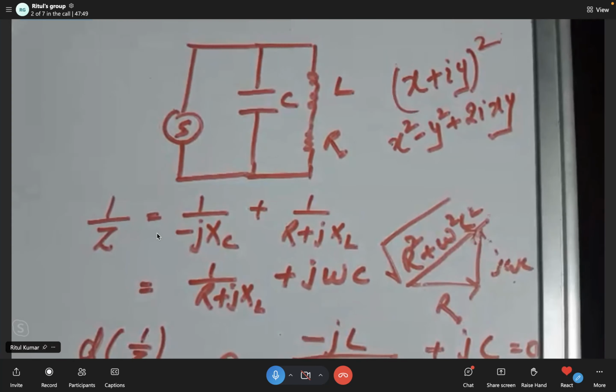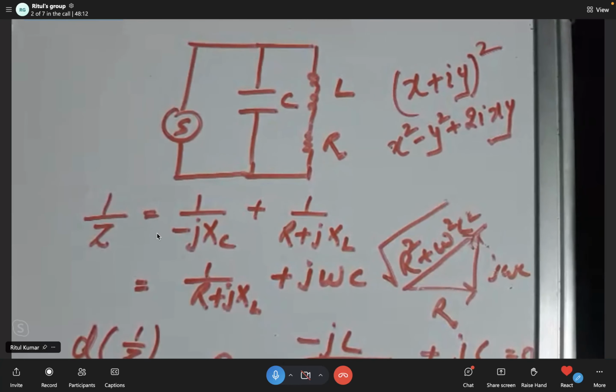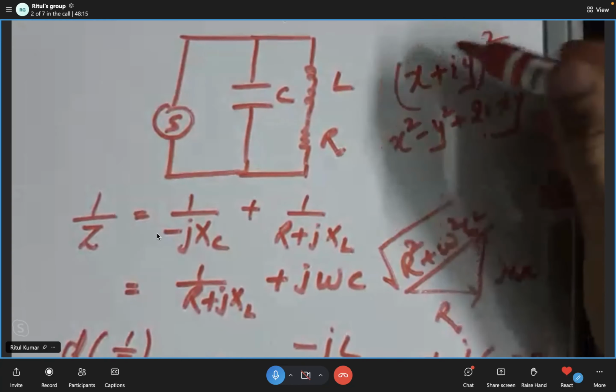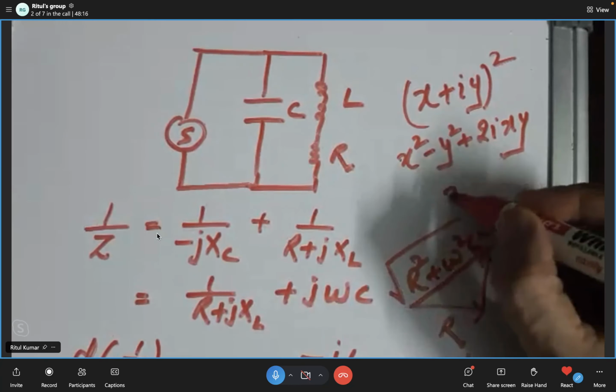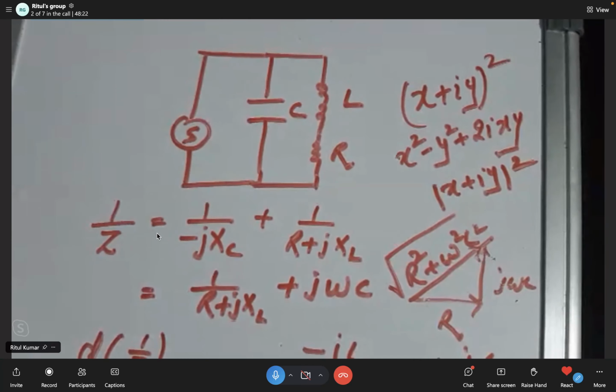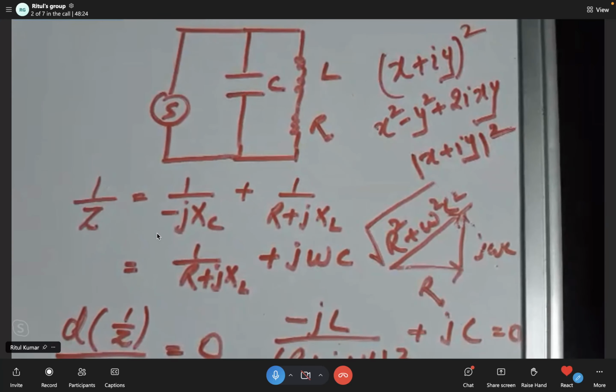So this factor, according to you, they are in alignment. It would have been the same with x plus y as it is over here. We have dismissed the part about what angle they are making with each other. To me, this means the magnitude of x plus iy squared.